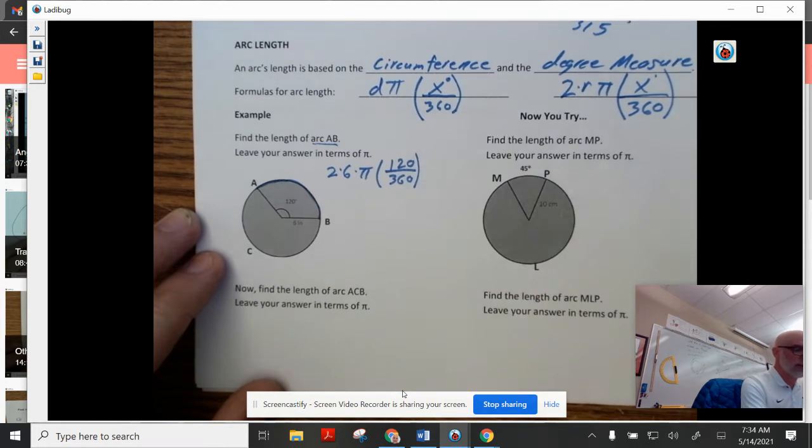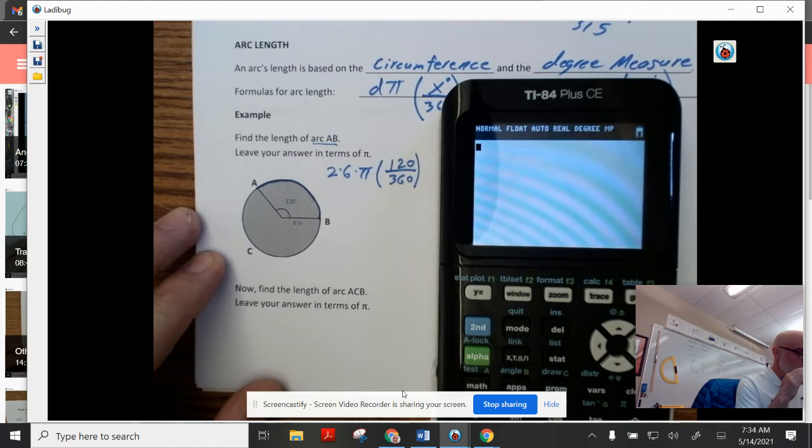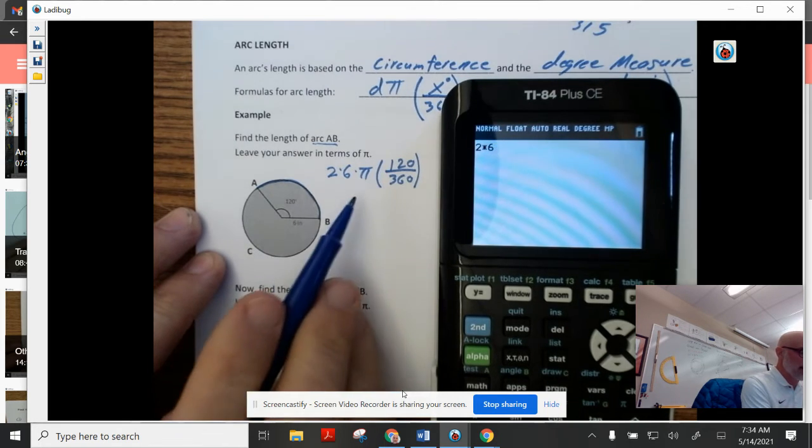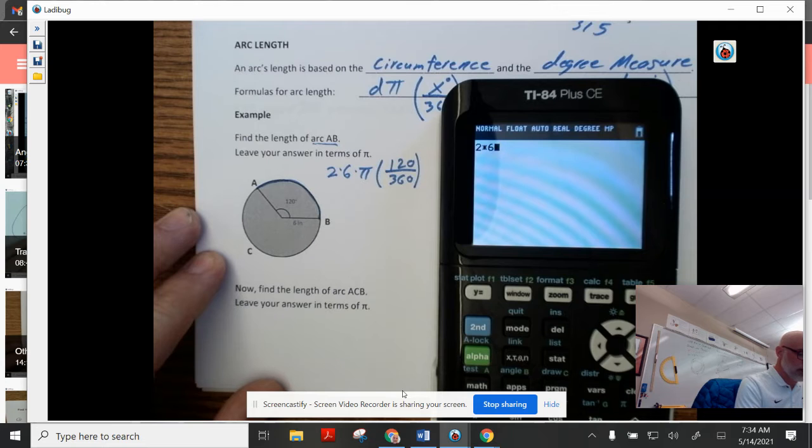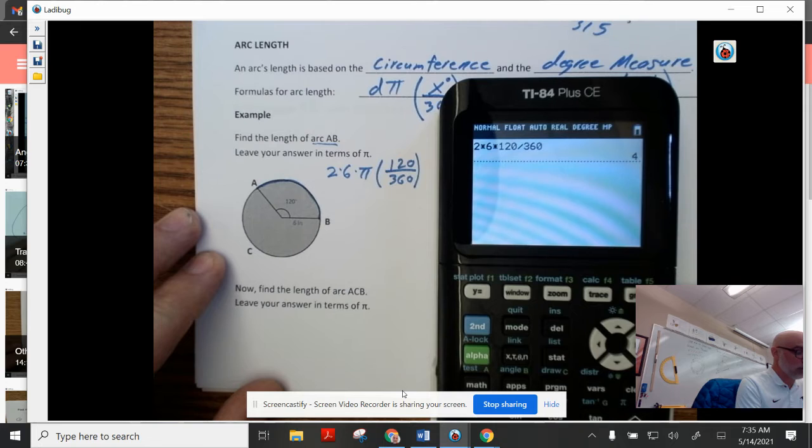We know that's 1/3. If you wanted to reduce that, we could do that. So in your calculator, it's pretty easy. All you have to do is multiply all that together. 2 times 6. I'm going to leave pi out of it for just a minute. And I'm going to do times 120 divided by 360. And I'm going to get 4.